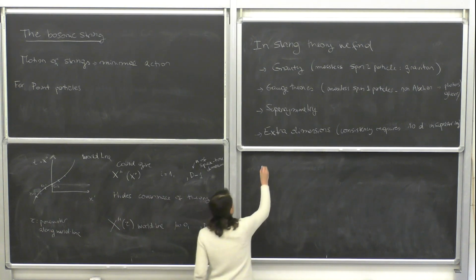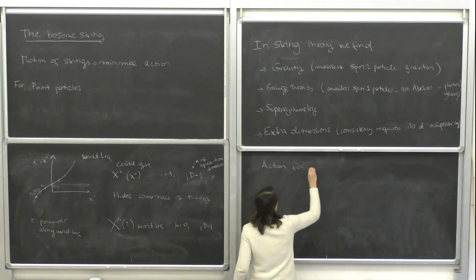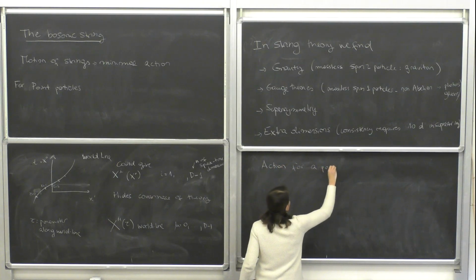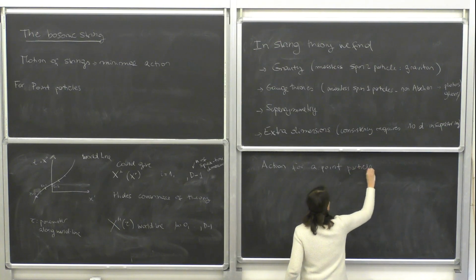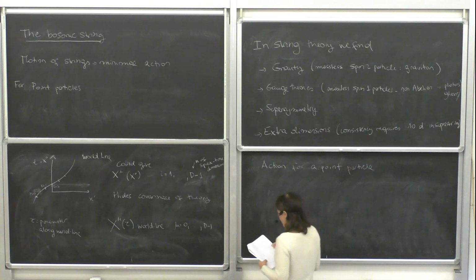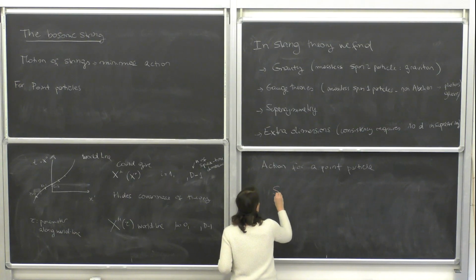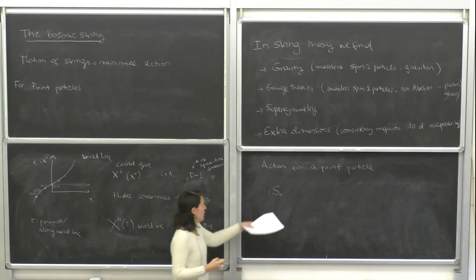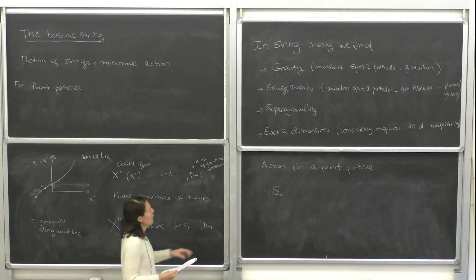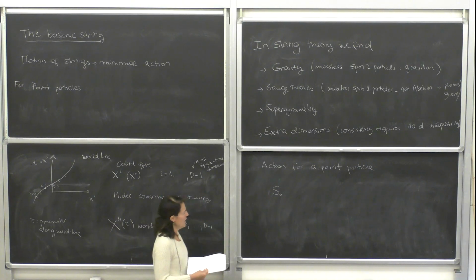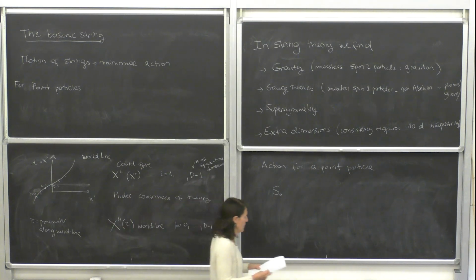So the action for a point particle is S_0. I put 0 because it's a zero-dimensional object. We'll do S_1 for a string, and in general S_p for a p-dimensional object.